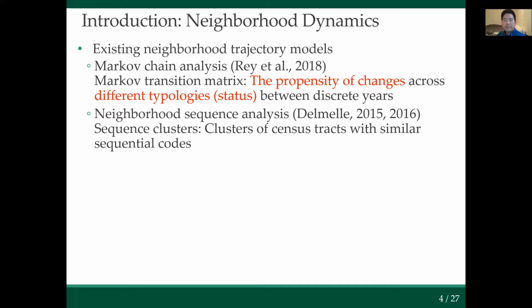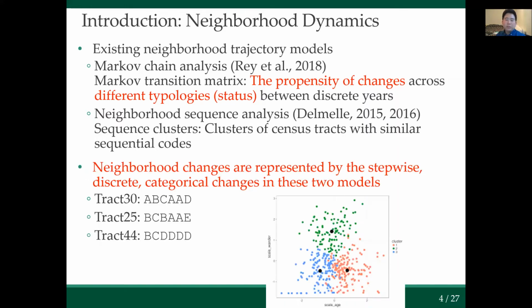In a similar sense, neighborhood sequence analysis extracts clusters of neighborhoods that have similar sequential patterns. Both approaches use cross-sectional neighborhood classification in each year and stack a series of classes together as a sequence.